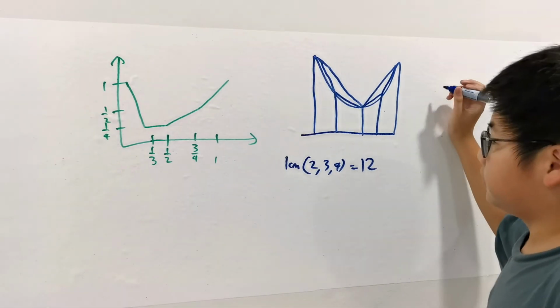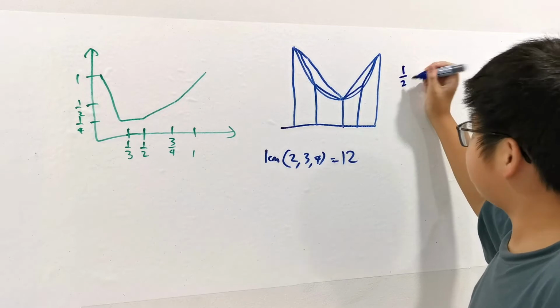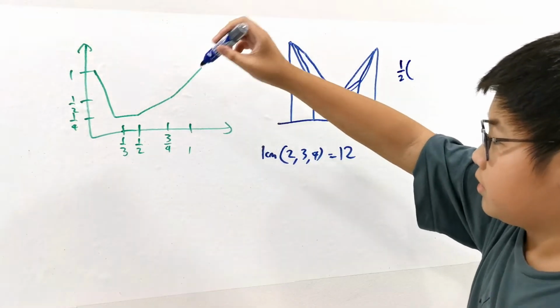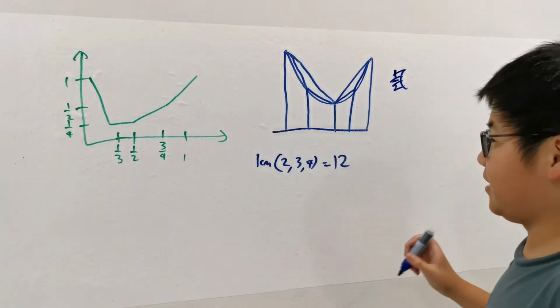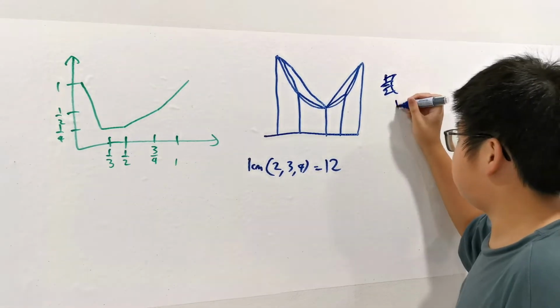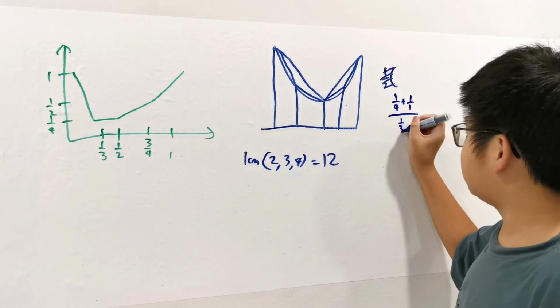So, we now calculate its half. Now we need to find the area of the trapezia. Now, trapezia is like an archaic plural. 1/4 plus 1/1 over 1/3.